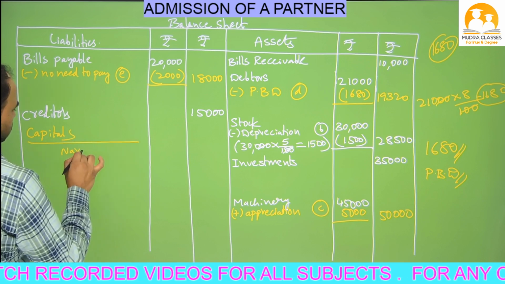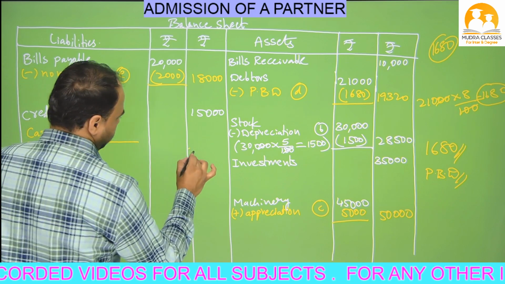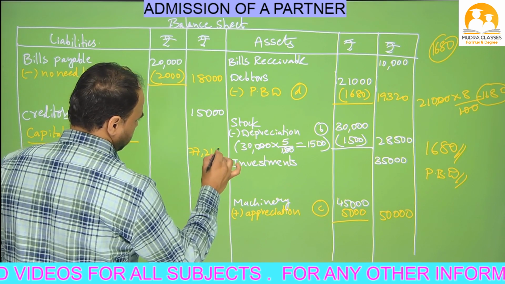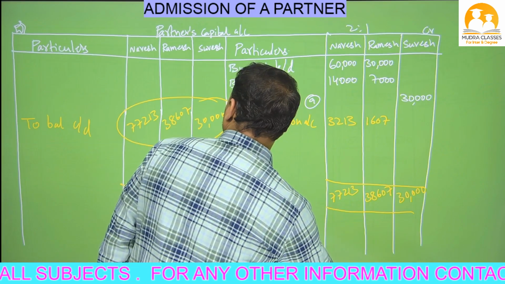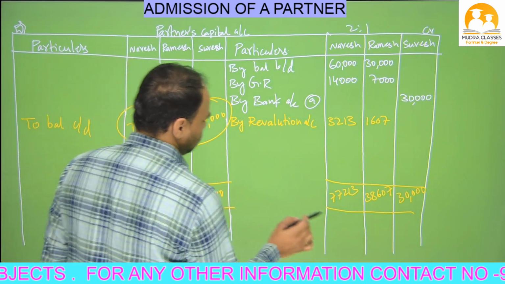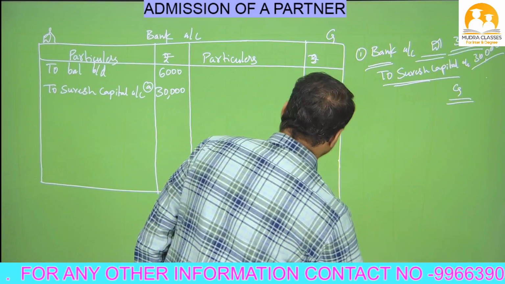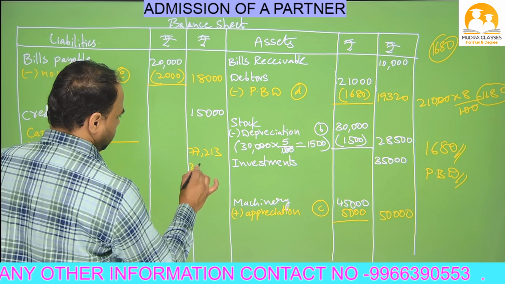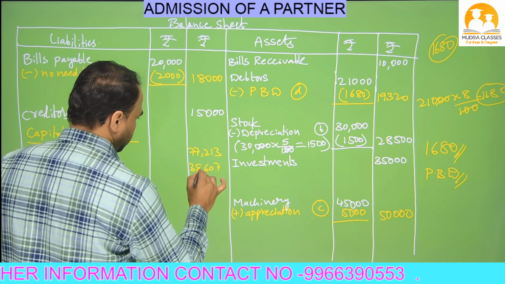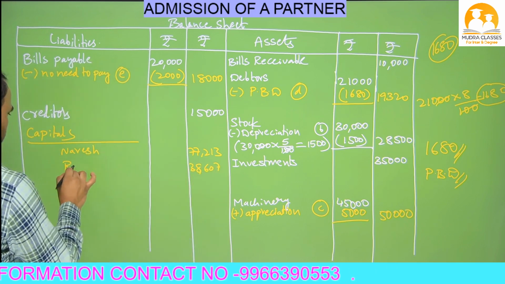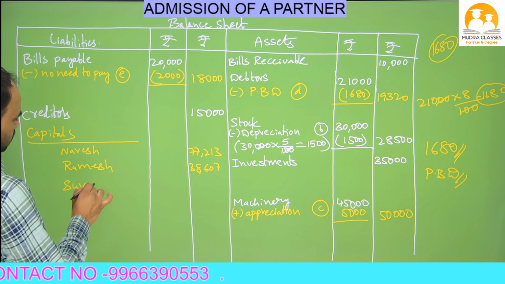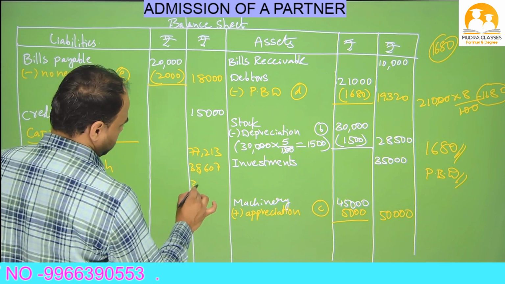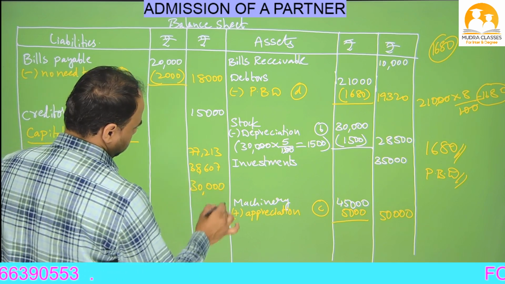First Naresh 77,213, and Ramesh 38,607, and Suresh's capital is 30,000 because Suresh brought 30,000, so his capital is 30,000.